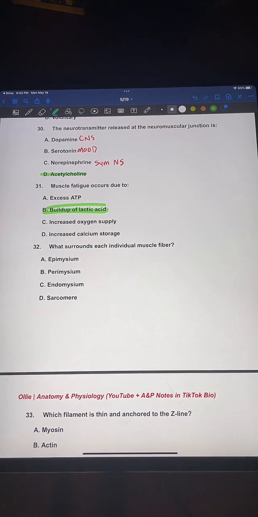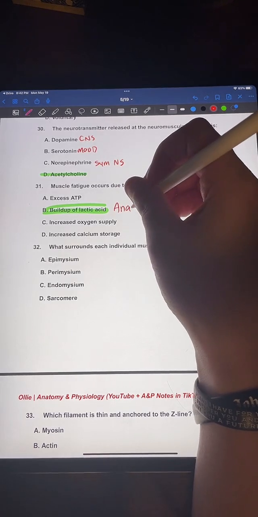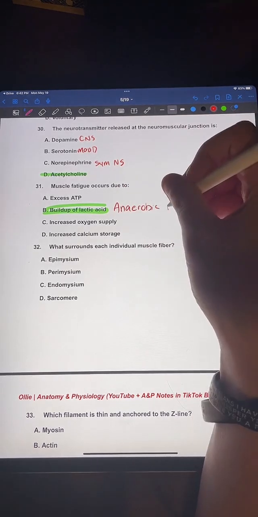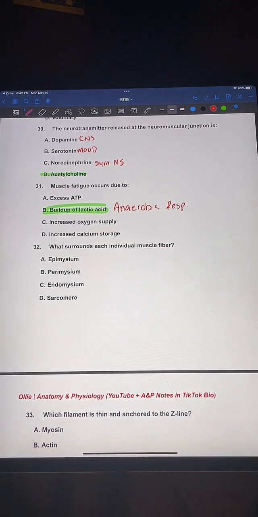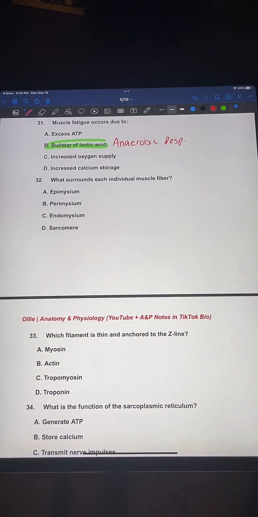So it's anaerobic respiration. Lactic acid will build up in anaerobic respiration. This causes fatigue. Excess ATP: fatigue results from when you deplete ATP, not excess. Increased oxygen supply: oxygen would relieve fatigue. Increased calcium storage would not have any impact on that. 32. What surrounds each individual muscle fiber?